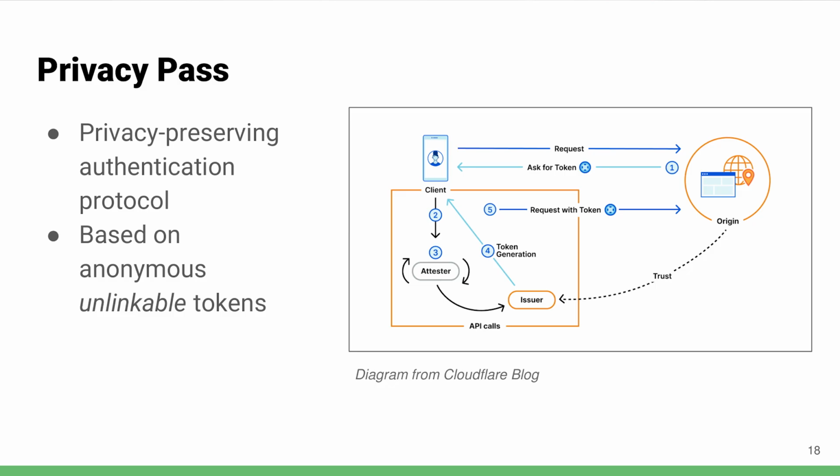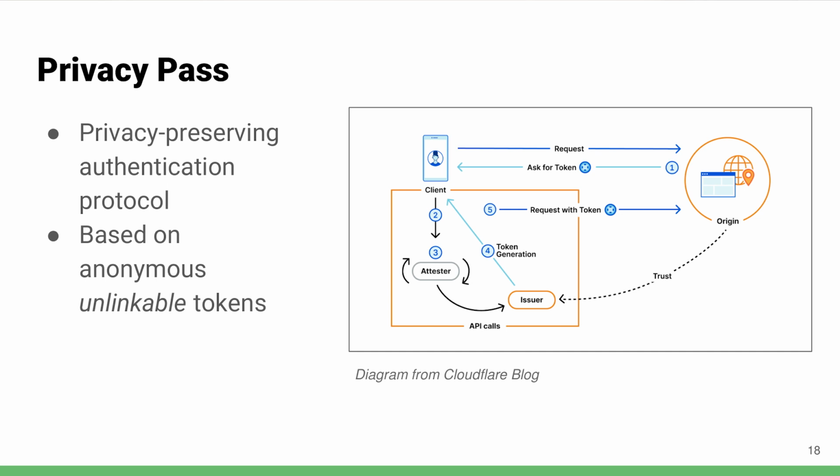Looks very similar to the original idea, but here's the key point. Unlike the ideal design, both the issuer and the origin in Apple's system belong to the same entity, the developer. And since the developer controls both, tokens can potentially be linked to the users. So, true anonymity depends entirely on the developer's implementation and the developer's will.